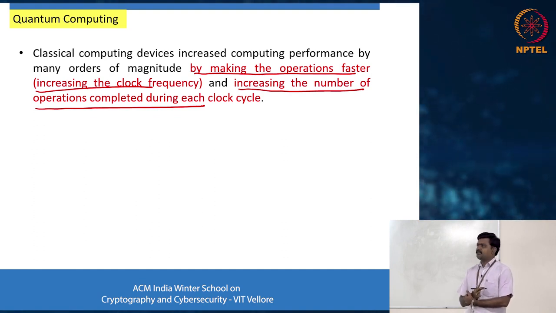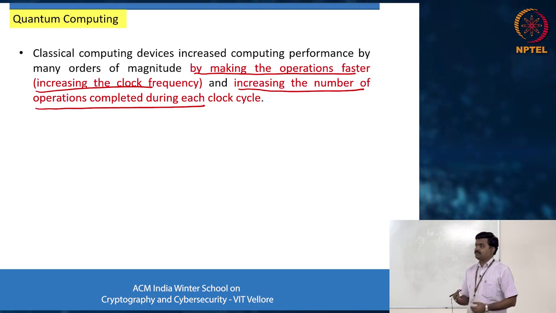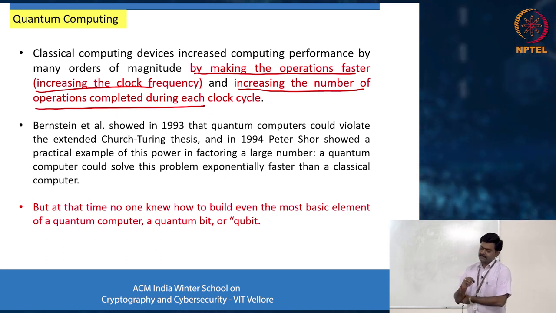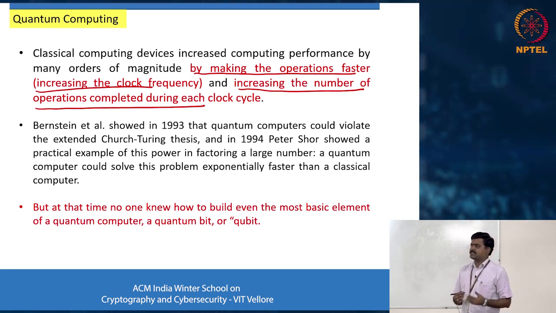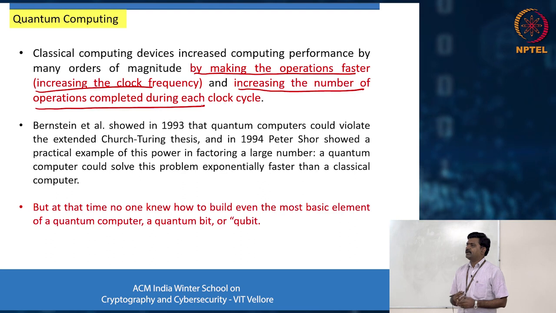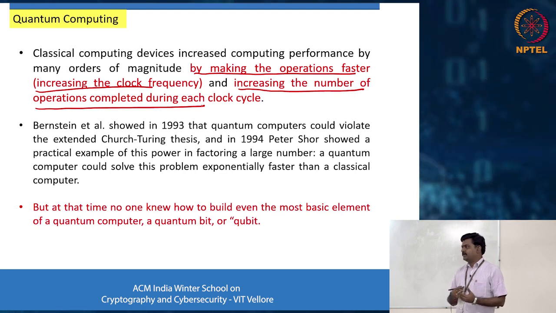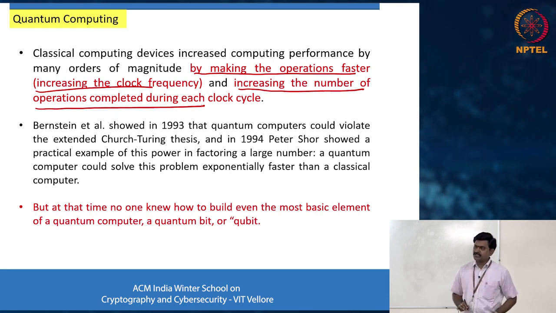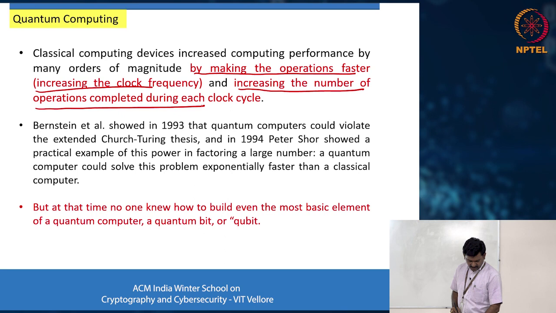These are the ways classical computers achieve higher computational power. But quantum computers achieve high computational power by different means, with the help of quantum physics. We will not go into those aspects, but we will see the basics.